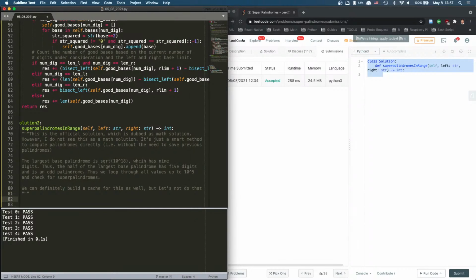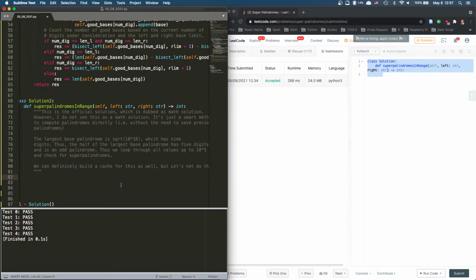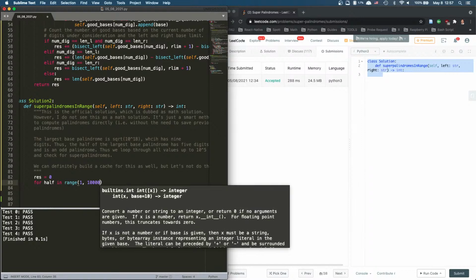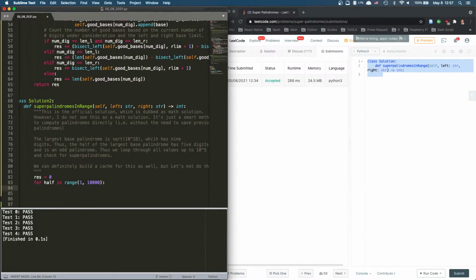All right, so I'm going to say rest equals 0, and for half in range from 1 all the way to 10,000. And let's also not stop early, because it won't cost too much. So we're going to say odd palindrome base. What's the odd palindrome base?